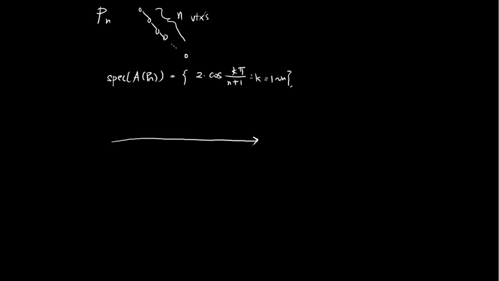Okay, this is a real line, and here is 0, here is 2. So we draw a hemisphere or a half circle on the top.